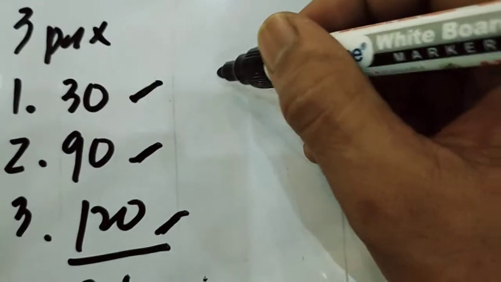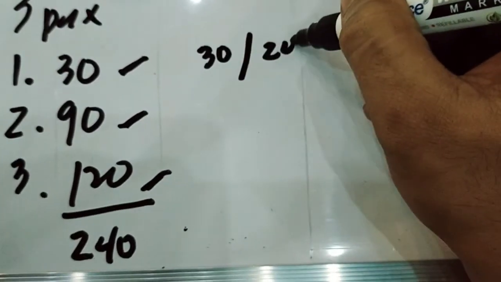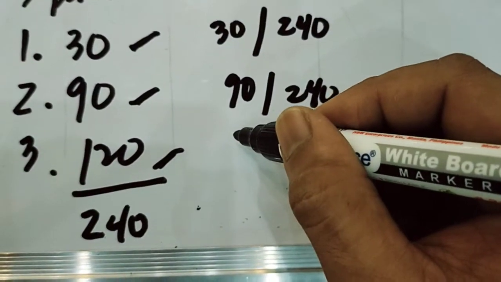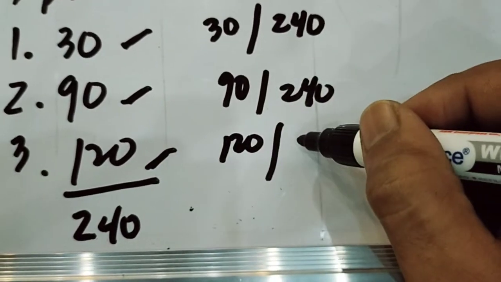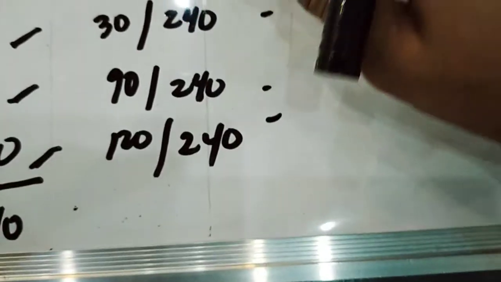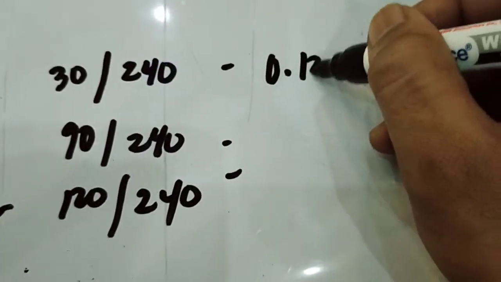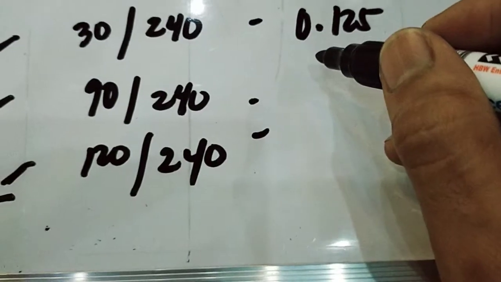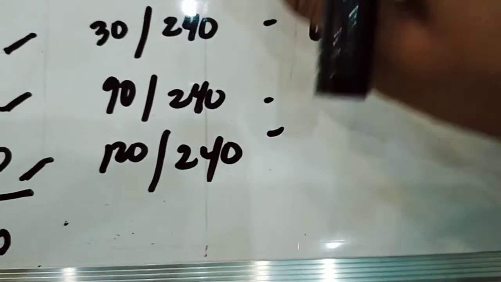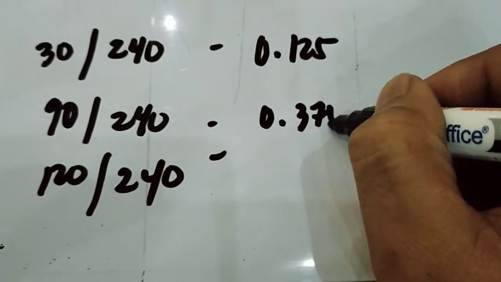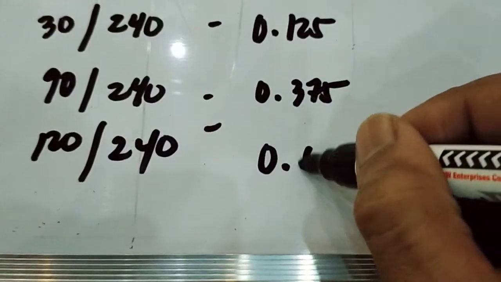Person 1 is 30 over 240, person 2 is 90 over 240, and person 3 is 120 over 240. To simplify, 30 divided by 240 is 0.125. 90 divided by 240 is 0.375. What remains for person 3 is 0.50.